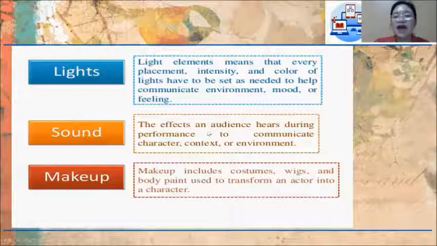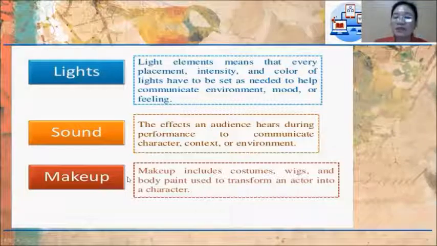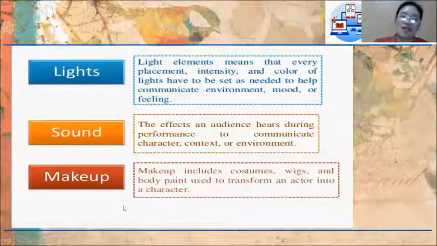The effects an audience hears during performance to communicate character, context, or environment is called sound. Now, makeup includes costumes, wigs, and body paint, used to transform an actor into a character, because the actors should portray the character very well.